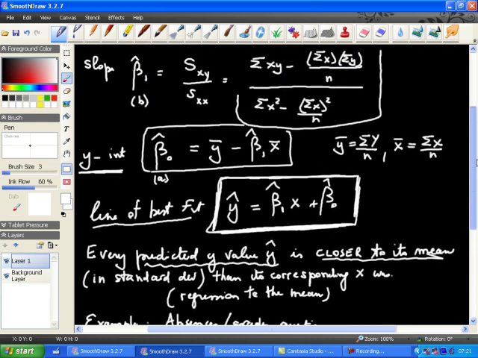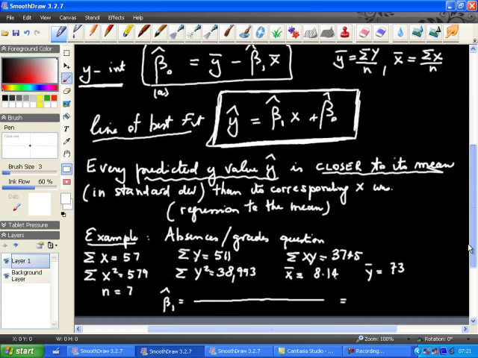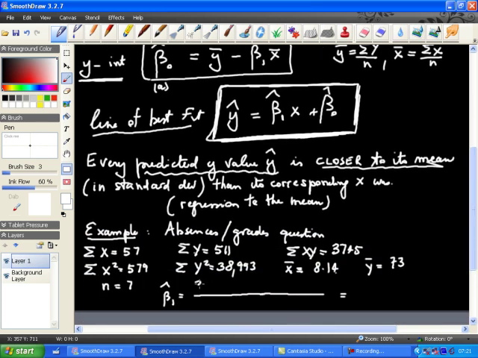Once you have a correlation and regression problem, you should find all these and keep them. Now the formula for beta 1 hat is the sum of xy minus the sum of x times the sum of y over n. So the sum of xy is 3745, subtract 57 times 511 divided by 7.